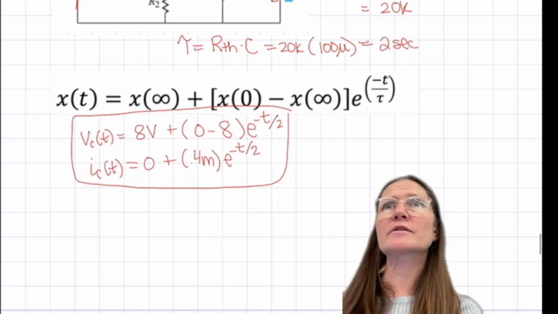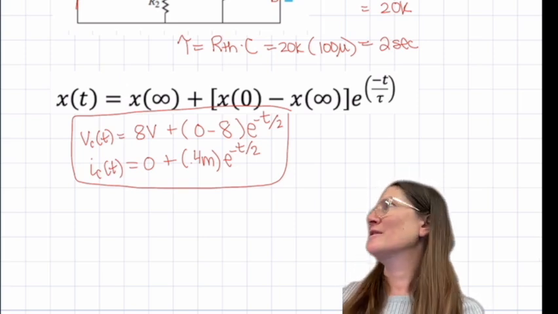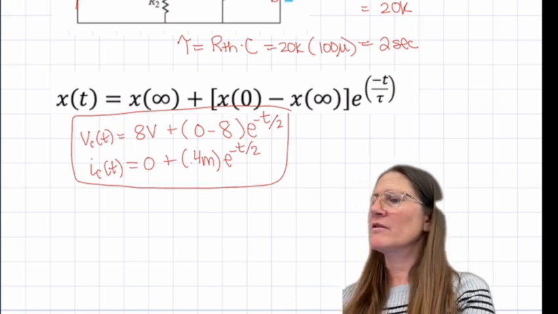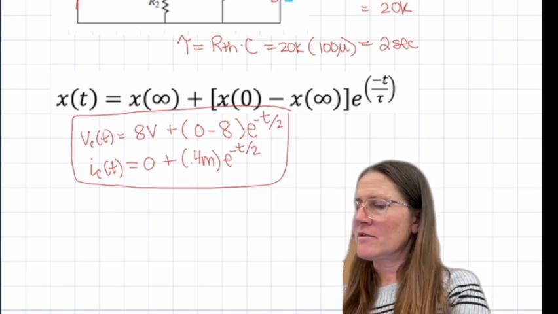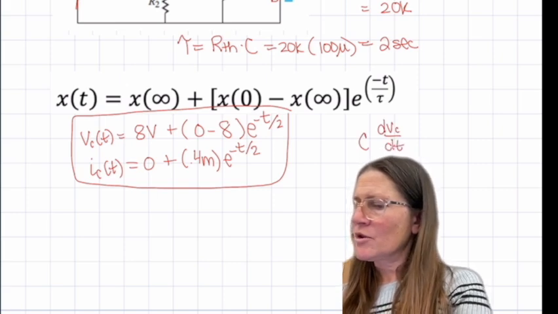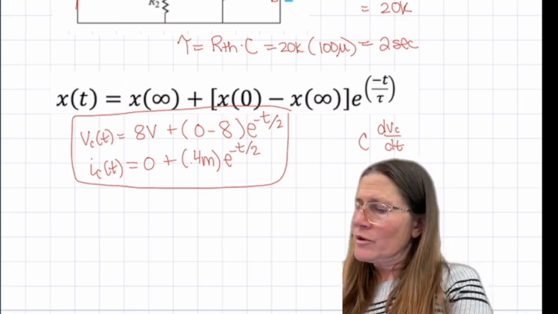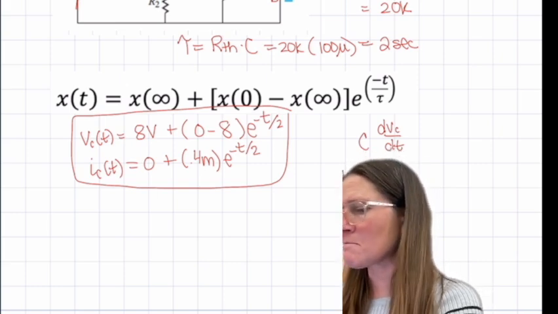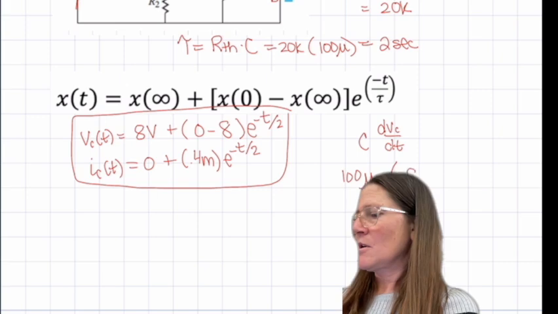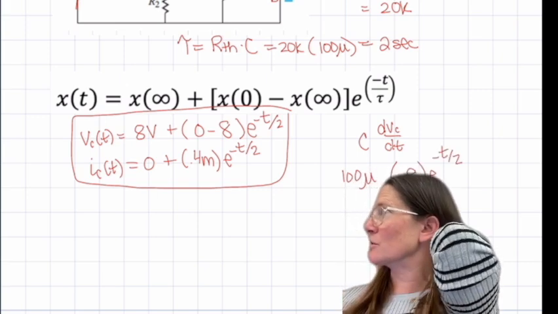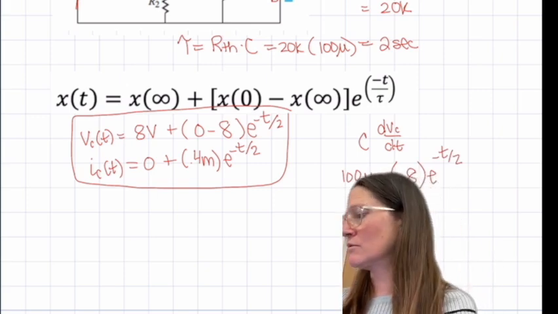All right, questions? Yes. So you would get the same answer if you took the derivative of VC, right? Uh-huh. So where does the 0.4 milli instead of just regular 4 come from? So this is 100 micro, and then you have -8, and when you take the derivative of e to the minus t over 2, a -1/2 comes out.